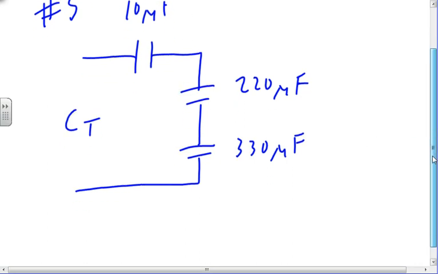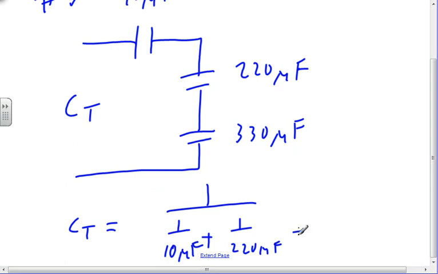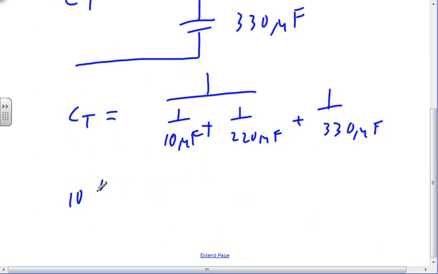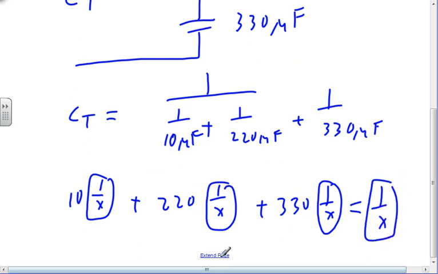So it'd be 1 divided by the sum of 1 over 10, 1 over 220, and 1 over 330. What I'd put in my calculator is 10, 1 over key, plus 220, 1 over key, plus 330, 1 over key, equals, 1 over key, and when I got done, I'd write microfarad next to it.